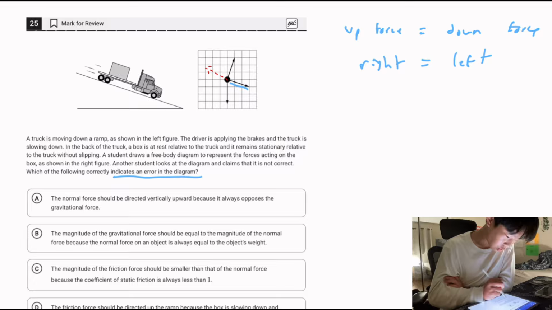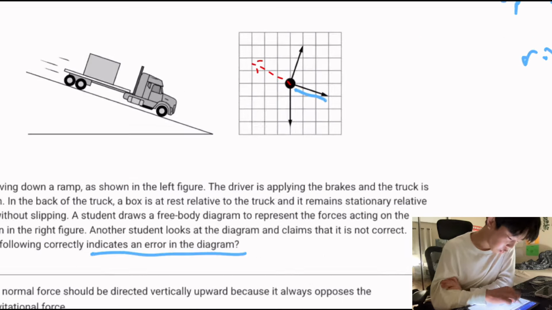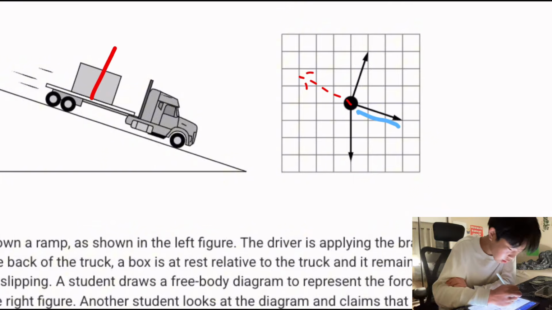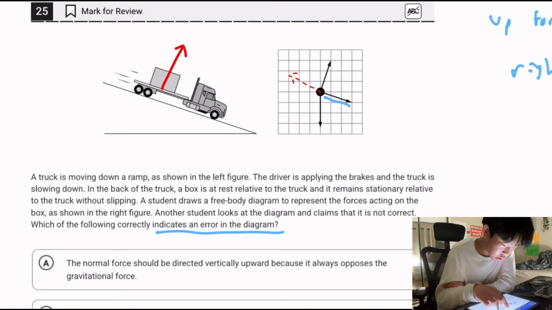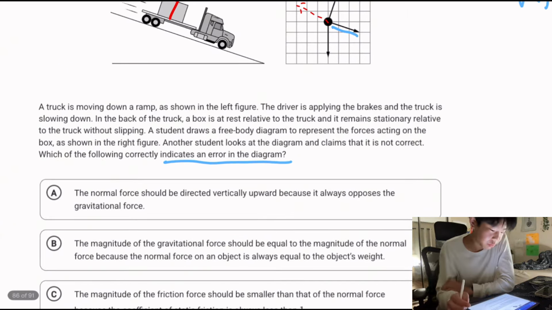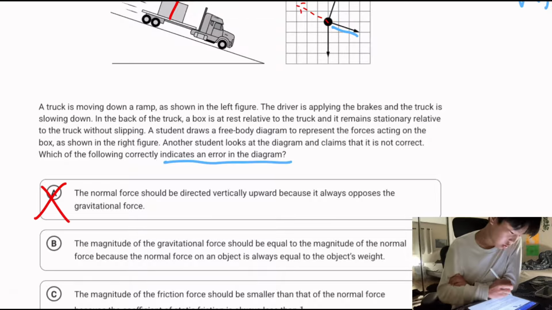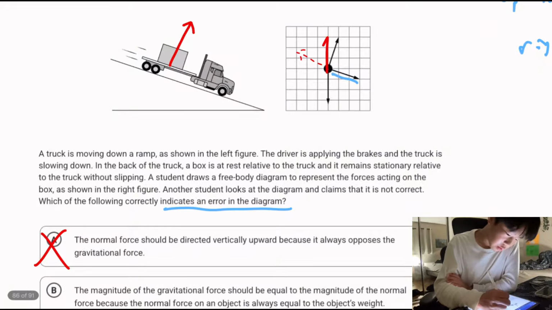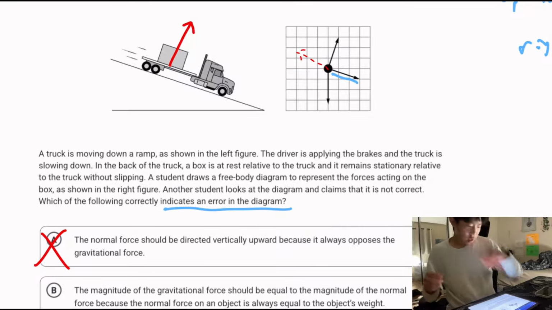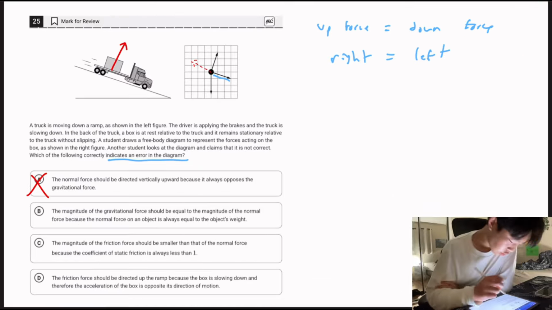Is there something wrong with the normal force? It should be directly vertical upward. No. This is wrong because the normal force, like I mentioned before, is always perpendicular to the surface it's being applied to. It'll never be in the same direction. For B, the magnitude of gravitational force is always equal to the magnitude of normal force.